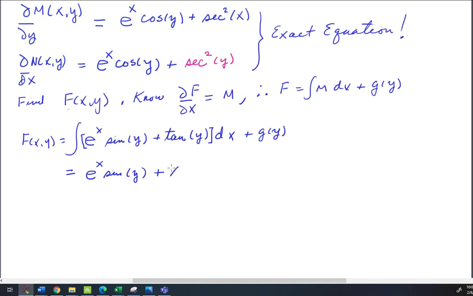So tan y with respect to x would just be tan y, and so this is the integral dx, which would be x tan y, and then plus a function of y alone. Okay, well, that looks right.